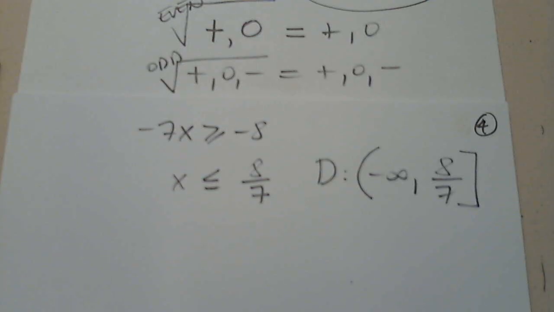Or infinity, I did positive infinity. I see. Every time we multiply or divide both sides of an inequality by negative numbers, we have to switch the inequality symbol. Okay, thank you. Because it's not valid anymore.